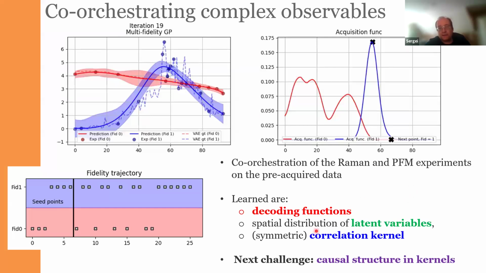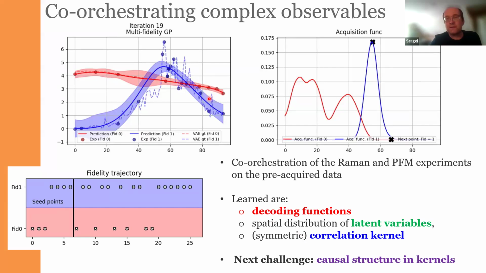What's the limitation of this analysis? The limitation is that we assumed that the kernel that relates the Raman signal and the PFM signal is symmetric, which basically means that their relationship is symmetric and correlative. In this case, this may not be so bad.